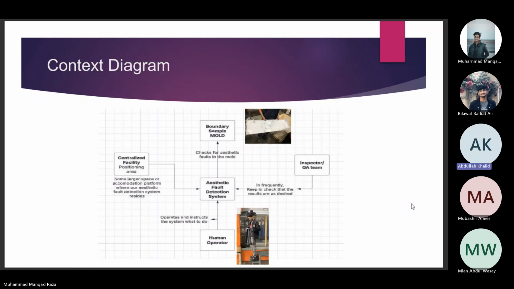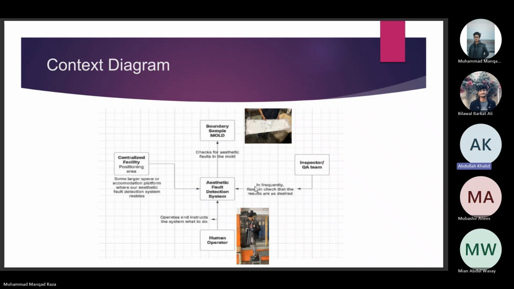Hello, Assalamu alaikum. This context diagram depicts the larger system where our subsystem of the aesthetic fault detection mechanism will be placed. We have these main entities that interact with our system.